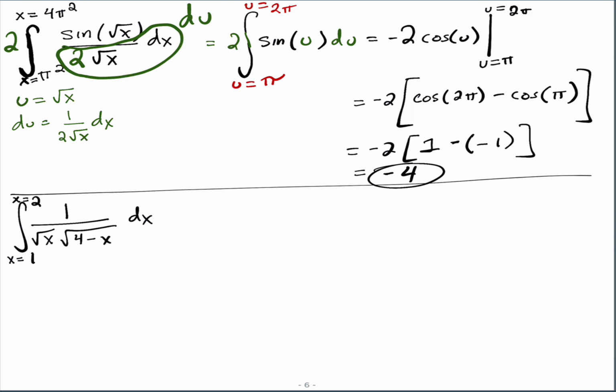Alright, what about the bottom one? The bottom one's tricky. There isn't really much that screams out at you. Letting u be the inside in this case doesn't quite work because, well, you can try it, but what do you end up with? You end up with minus 1 dx for du.